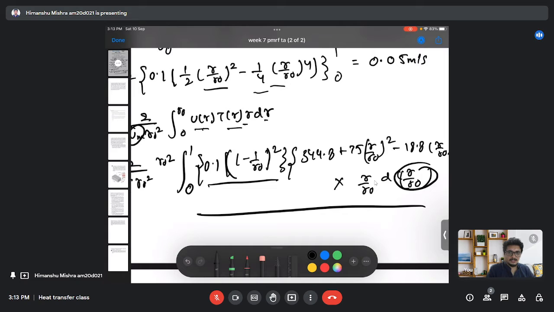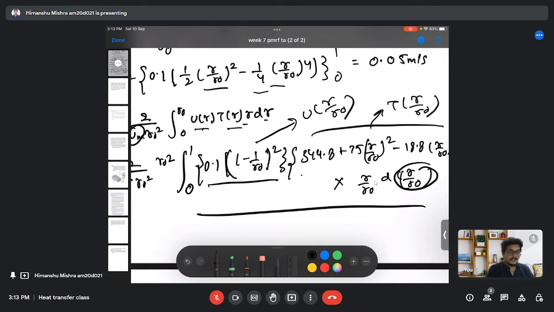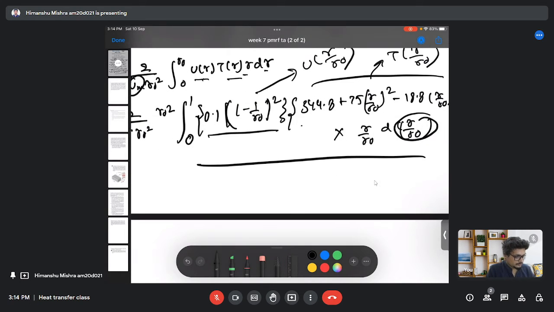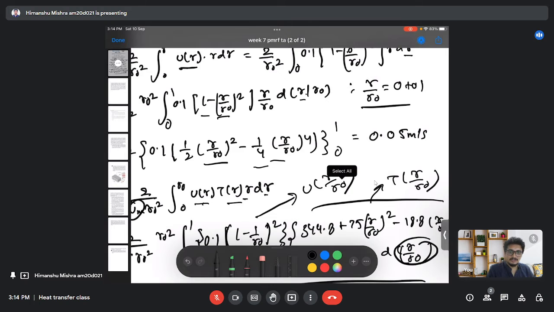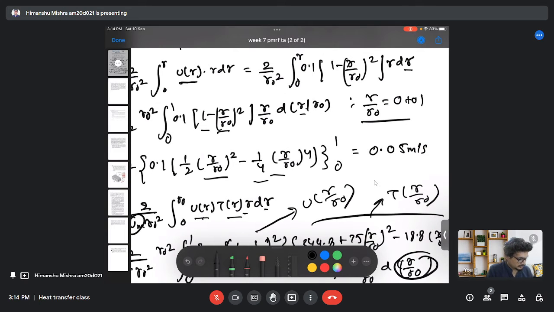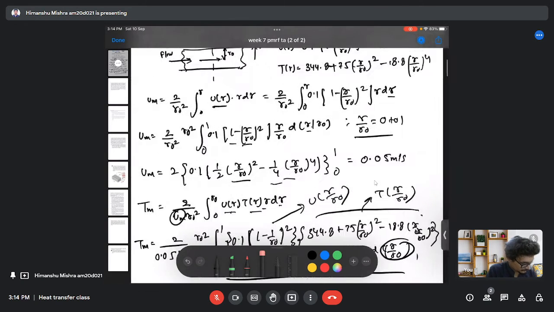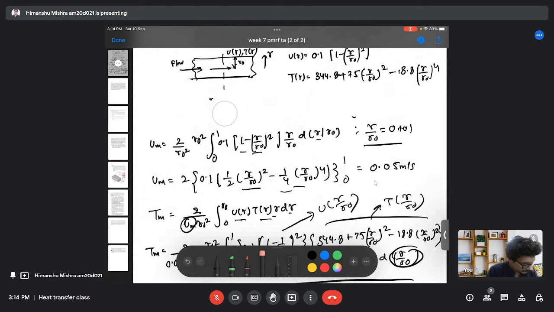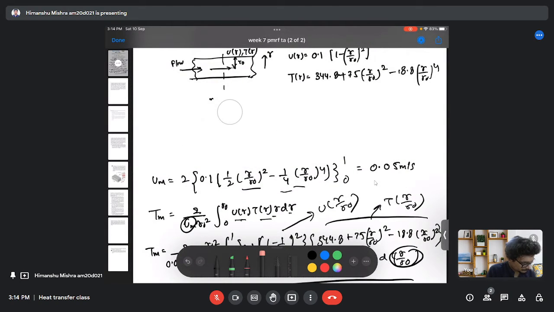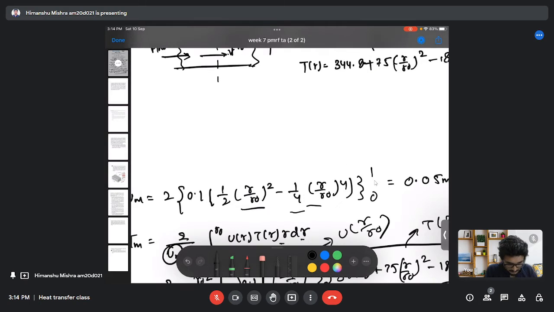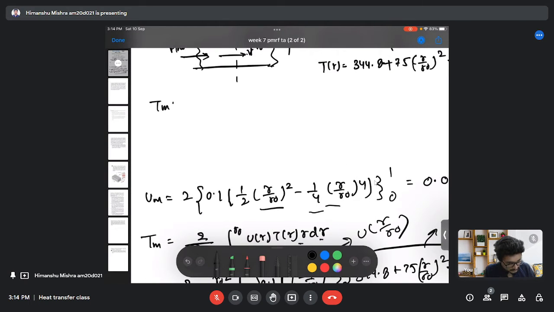This is my velocity profile given in the question, and this is my temperature profile. I am integrating this from 0 to 1. By performing the integration and simplifying the equation, we will get the result.